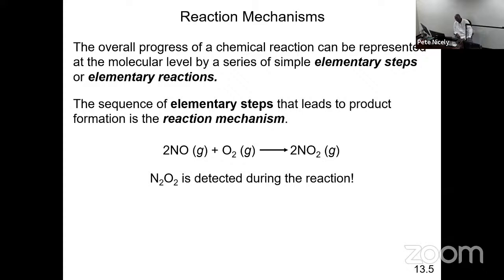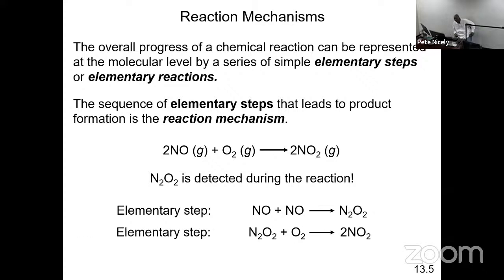That can help us come up with a mechanism for this reaction. So one proposed mechanism is that the first step is the reaction of two nitrogen monoxide molecules to form that species that was detected during the reaction. And then the next step is where that species reacts with oxygen to form the final product.